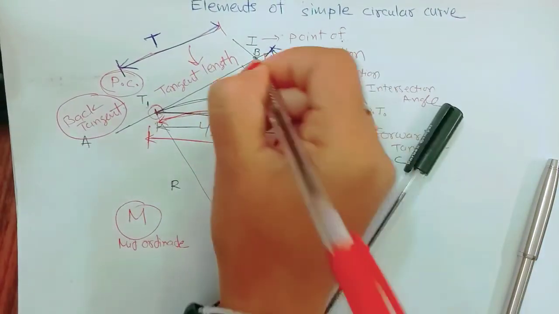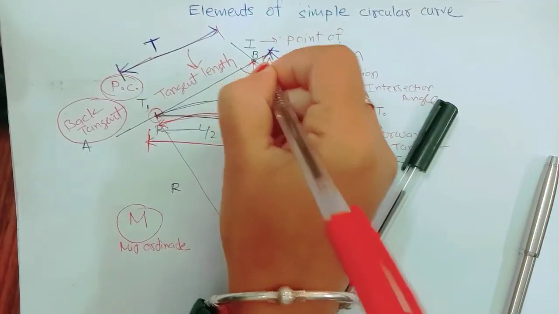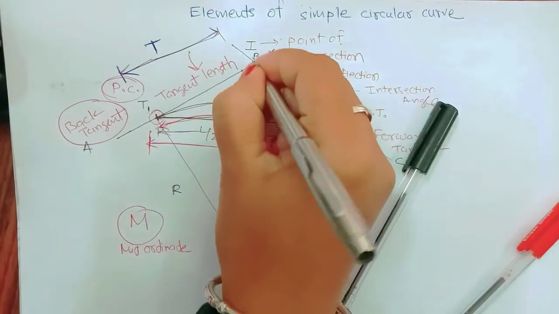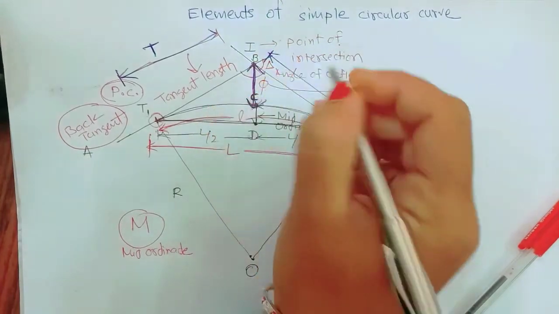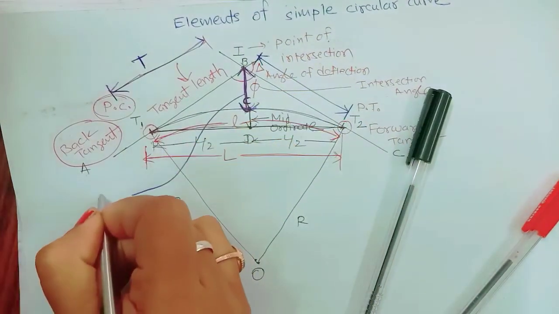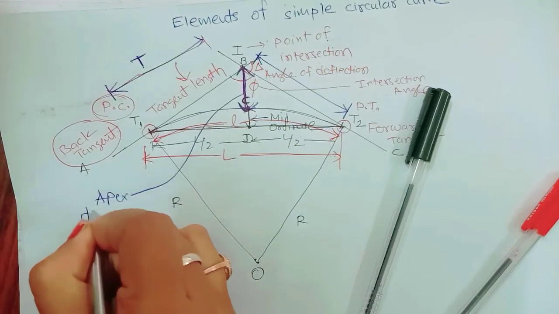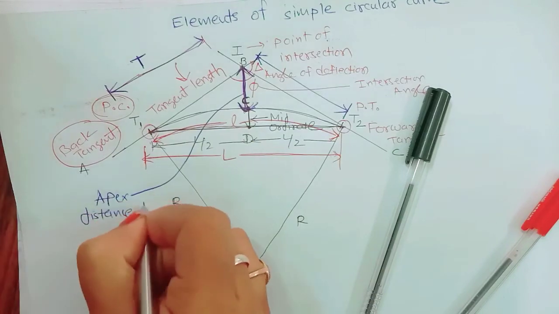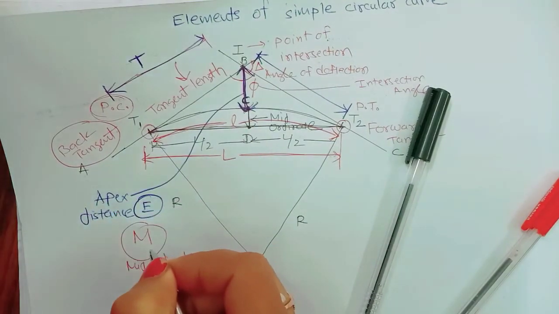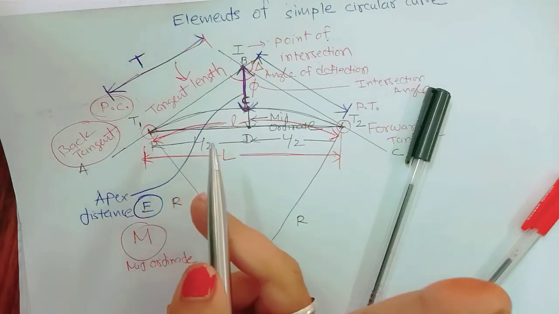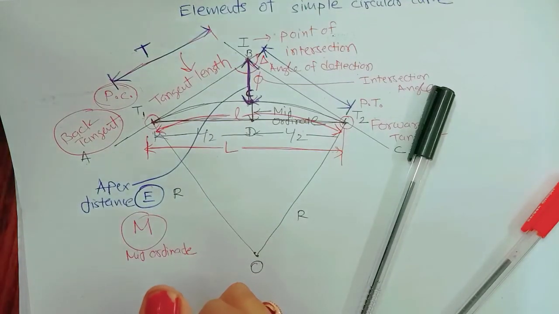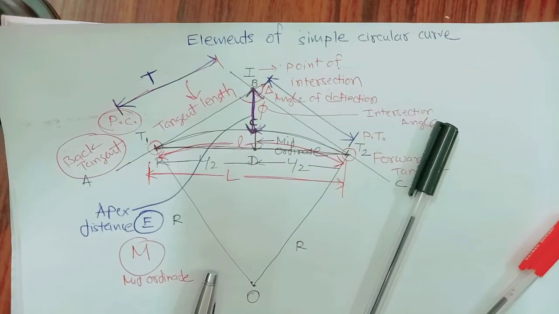So point C to point I, see this distance, point C to I, that is known as an apex distance or external distance, denoted by capital E. So it is the distance between the point of intersection and the middle point of the curve. So that is known as apex distance or external distance. Okay, so these are the elements of simple circular curve.